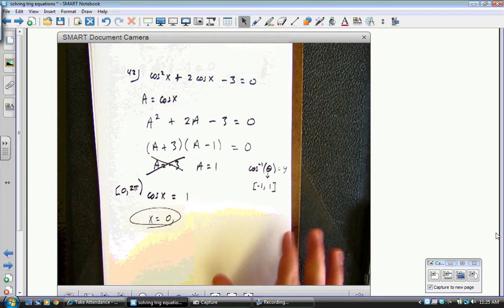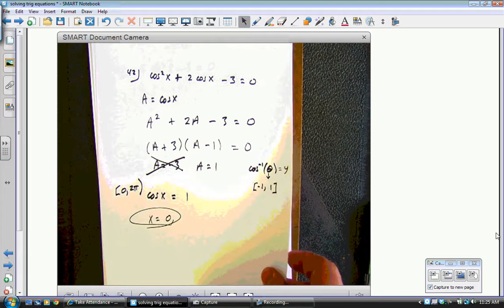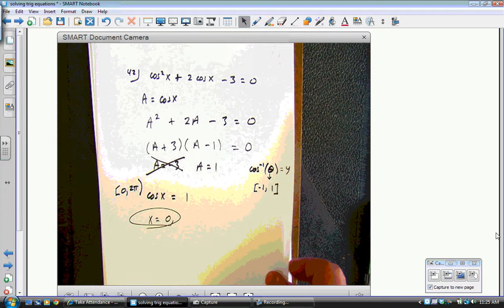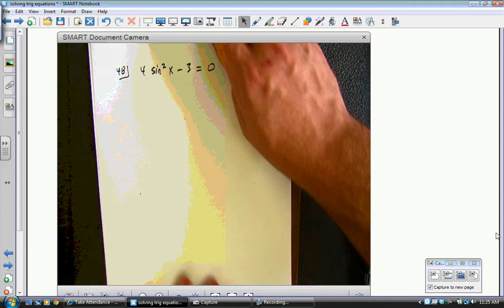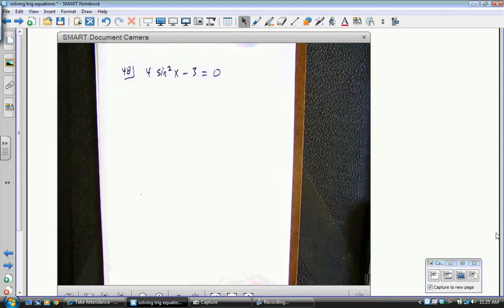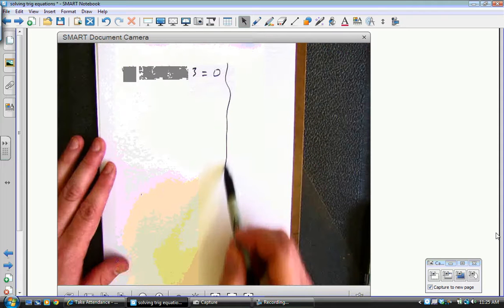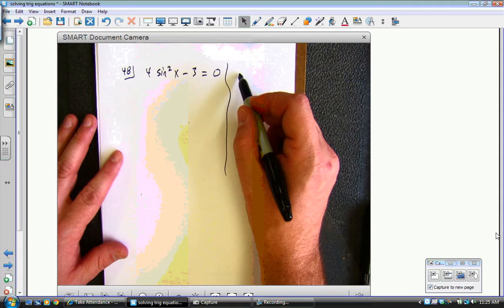Okay. Now, let's look at another quadratic form here that's a little bit different. Okay, so like on 48, what do you notice there? It's different. Right, it's 2 instead of 3, and what term is sort of not there? The linear one. Right, sine x term, okay? So it kind of compares to an equation maybe like this.